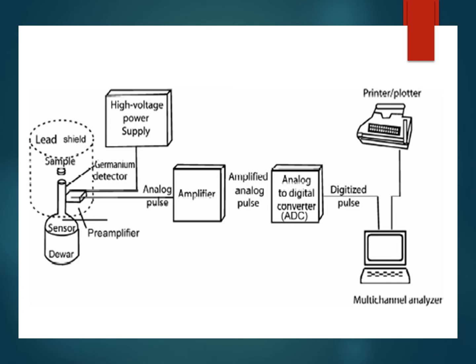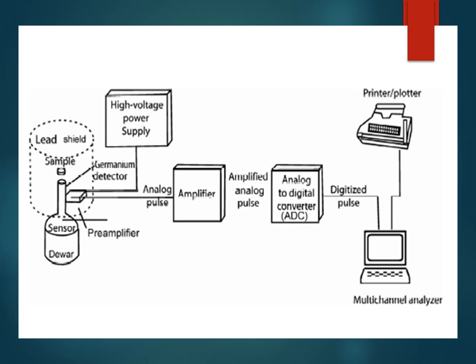Here is the complete instrumentation, that how this detector is working. So first of all is the amplifier, and the sample is placed on the lead shield, where the gamma germanium detector is also present.